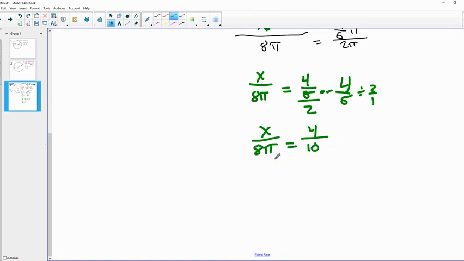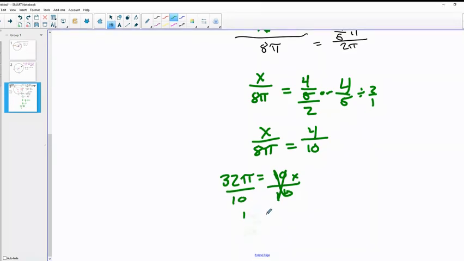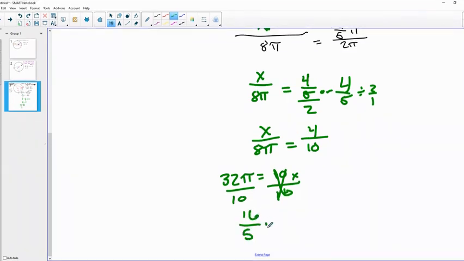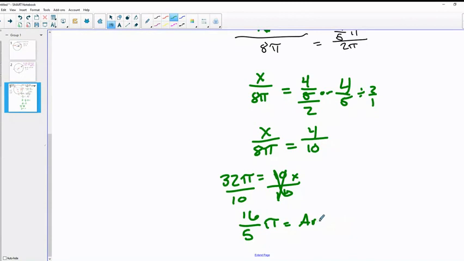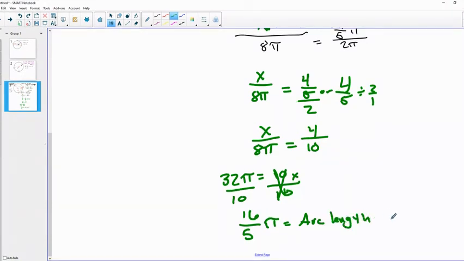Now we can use cross multiplication. We're left with 32 pi equals 10x. We divide both sides by 10 and simplify the fraction, and we get 16 over 5 pi equals x, which is our arc length of AC. So there we go.